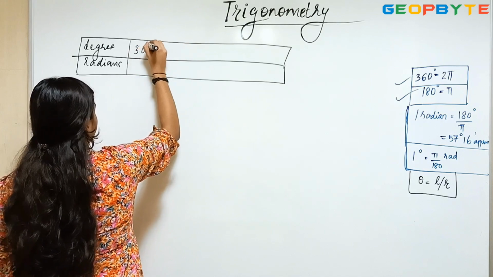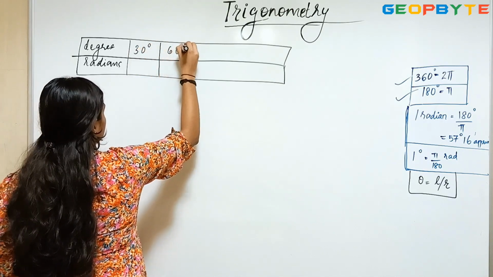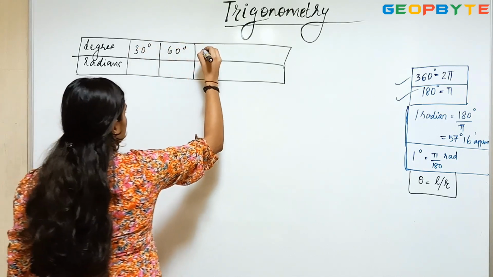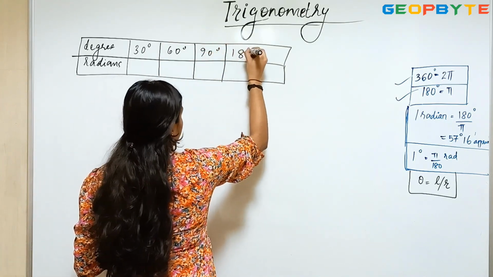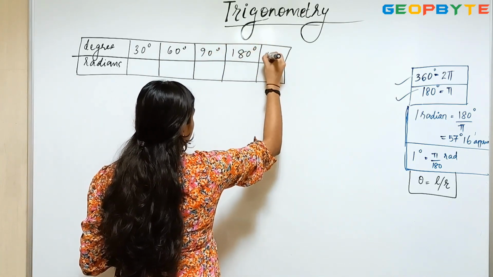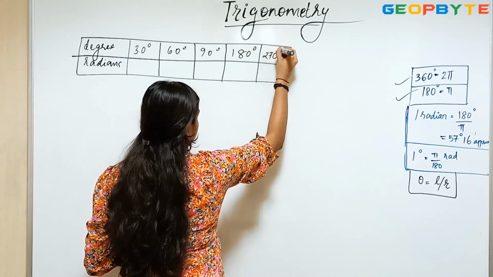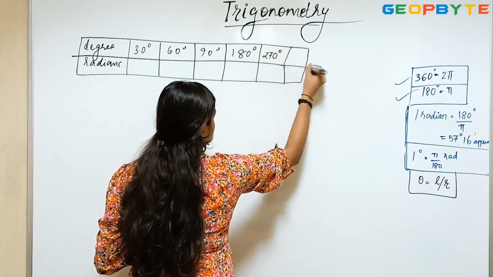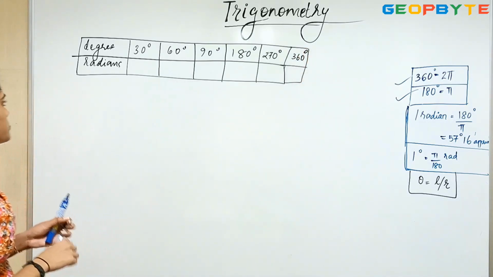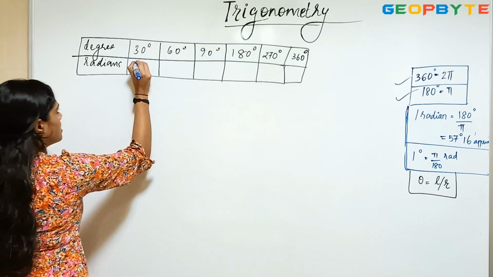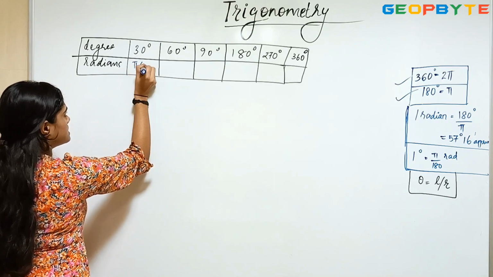We usually use 30 degrees, 60 degrees, 90 degrees, 180 degrees, 270 degrees and 360 degrees. The corresponding radians we can write as pi by 6.